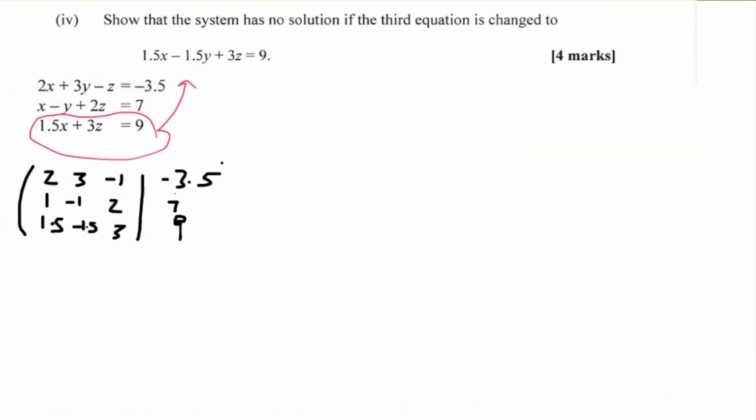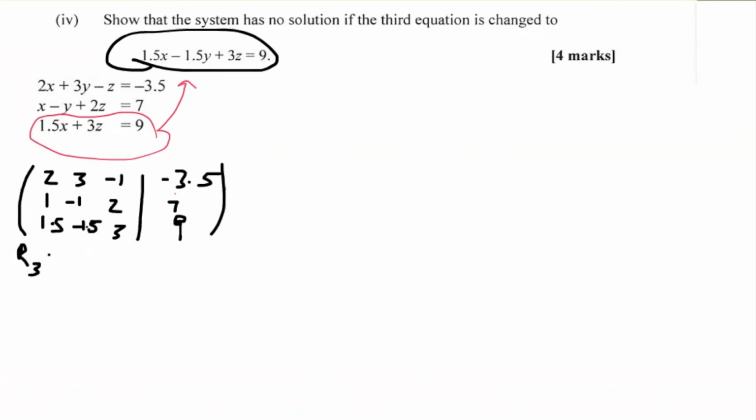Now, I want to show that the system has no solution. To show that it has no solution, I need to get some zeros in the third row. So my third row, I need to have 3 zeros equal a number. So over the solution should be a number, but I need some zeros on the left hand side.